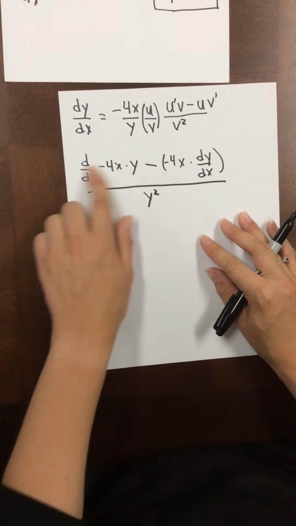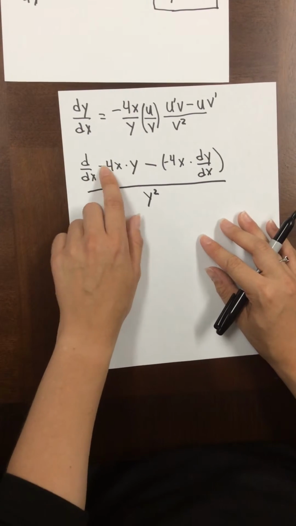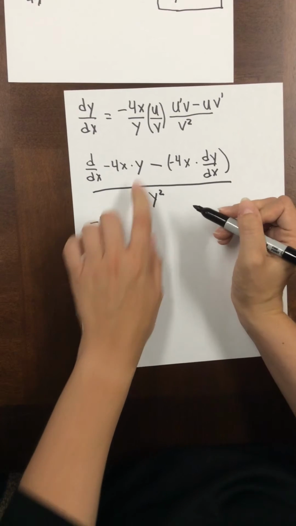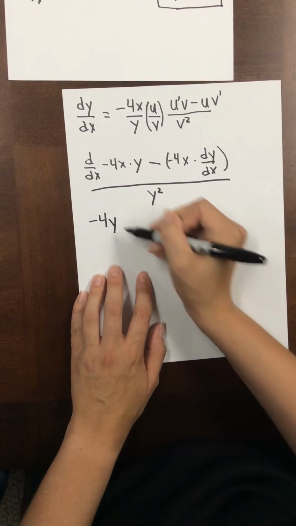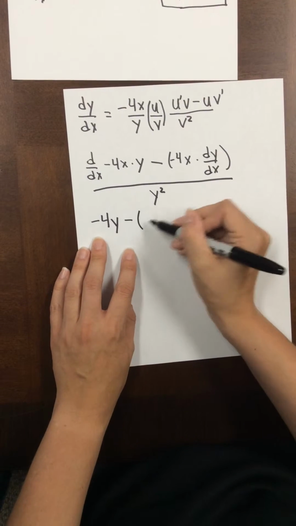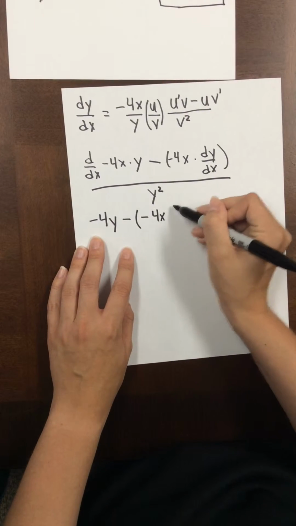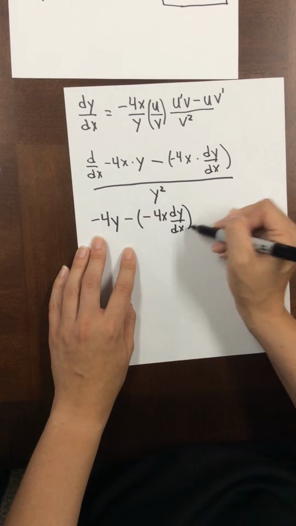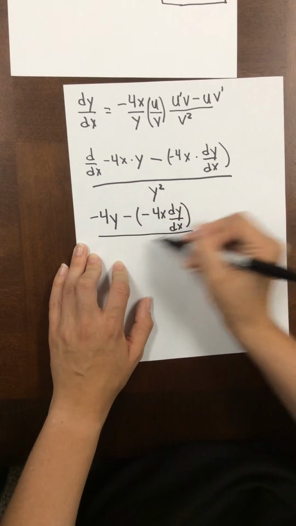When I simplify this, the derivative of negative 4x is just negative 4 times y, so negative 4y. And then I have minus, again, negative 4x dy over dx all over y squared.